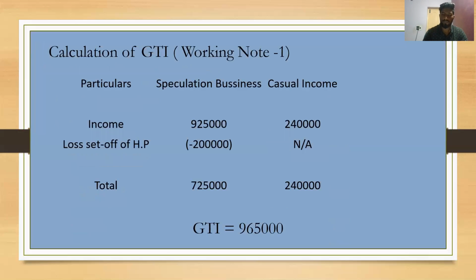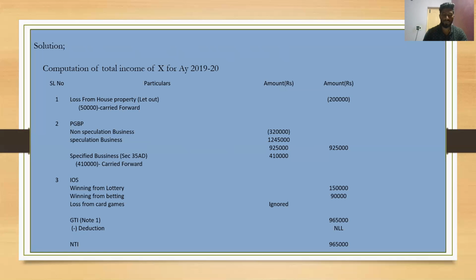After adding both, the total income is 9,65,000, which is our gross total income, which you can see in working note 1 as I have taken here as 9,65,000.